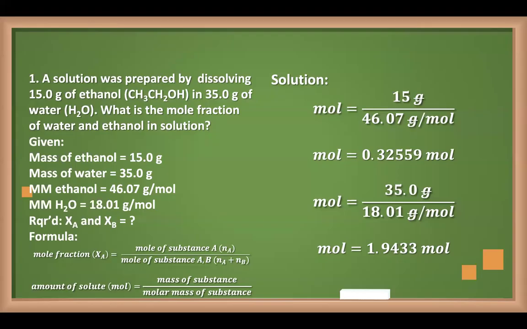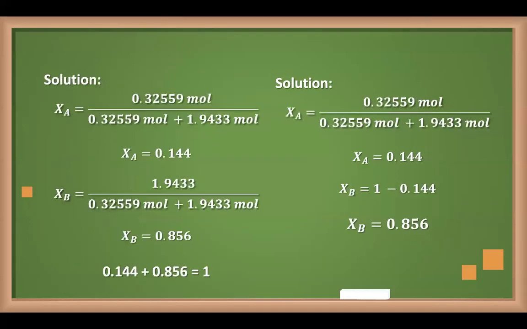But in this case, you need to again convert the grams of ethanol and grams of water into moles before you proceed to getting the mole fractions of the solute and the solvent. So the final answer here should be 0.14, or 0.15, and 0.85.